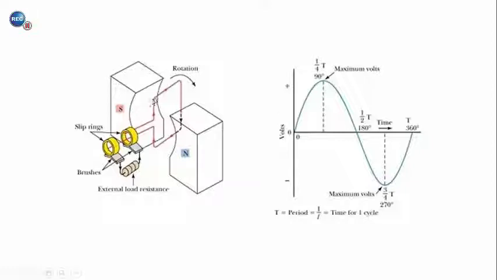So when this part of the conductor is passing down through the magnetic field, we get a positive voltage induced, and so the current flows in one direction through the resistor. But as this coil continues to rotate, and this part of the coil eventually moves up through the magnetic field, the direction of the electrons flowing in the circuit are going to be in the opposite direction. And so this is how we generate an AC current using a permanent magnetic field and a coil and slip rings.